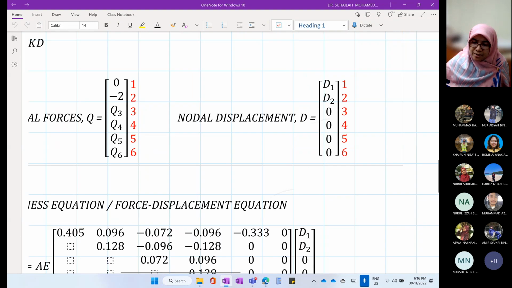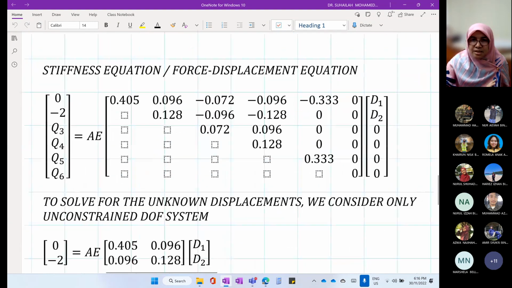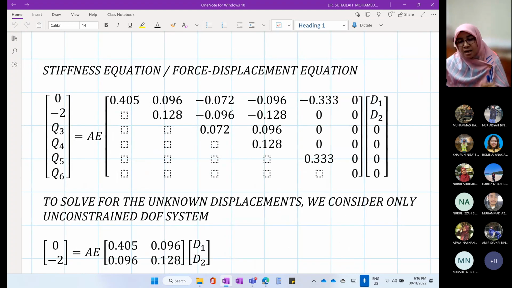And we combine to have the stiffness equation like this. In your case, you will have 8 by 8, Q1 until Q8, D1 until D8, and an 8 by 8 stiffness matrix.